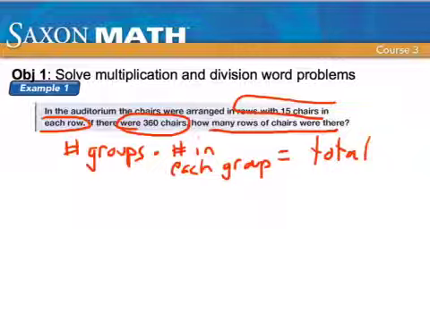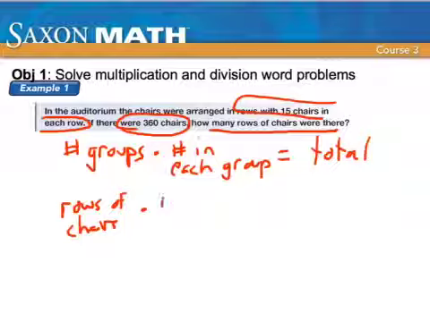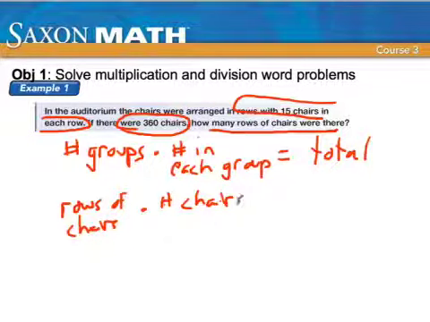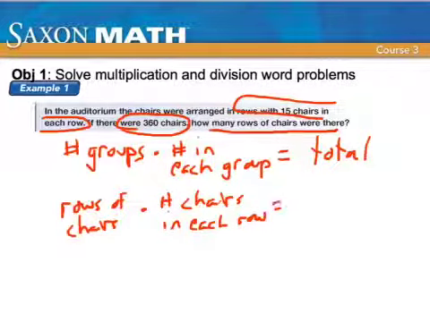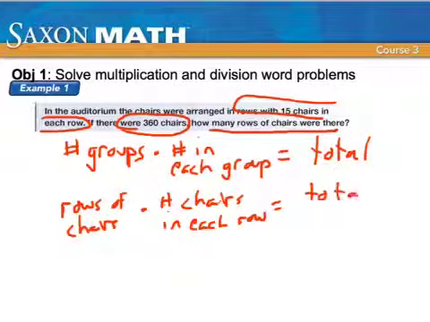So instead of number of groups, we could say rows of chairs, because that's what our groups are. We're grouping rows of chairs, times the number of chairs in each row, has to equal our total chairs.